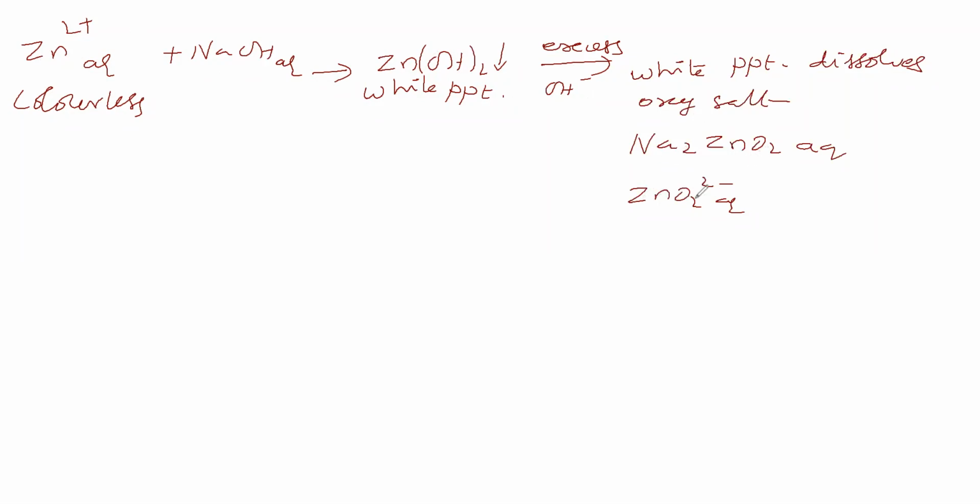This sodium zincate we can write as zincate anion and sodium cation. So zinc is present in the anionic part. This zincate anion we should not split as zinc and oxygen separately.